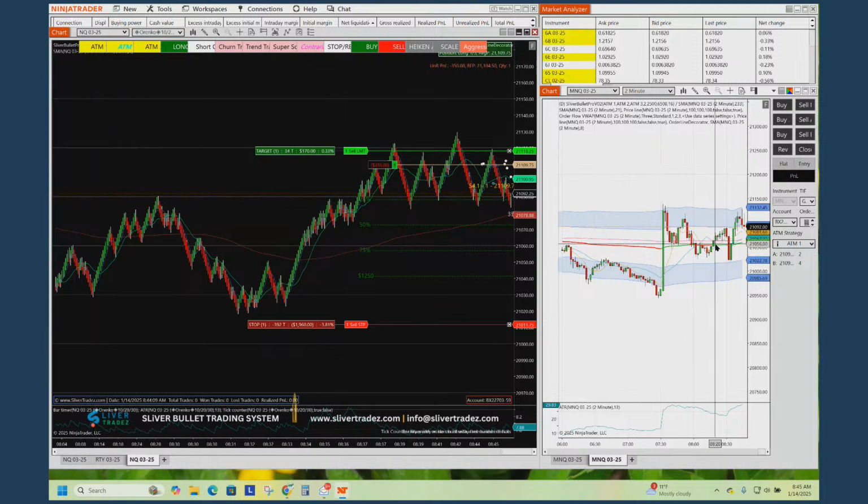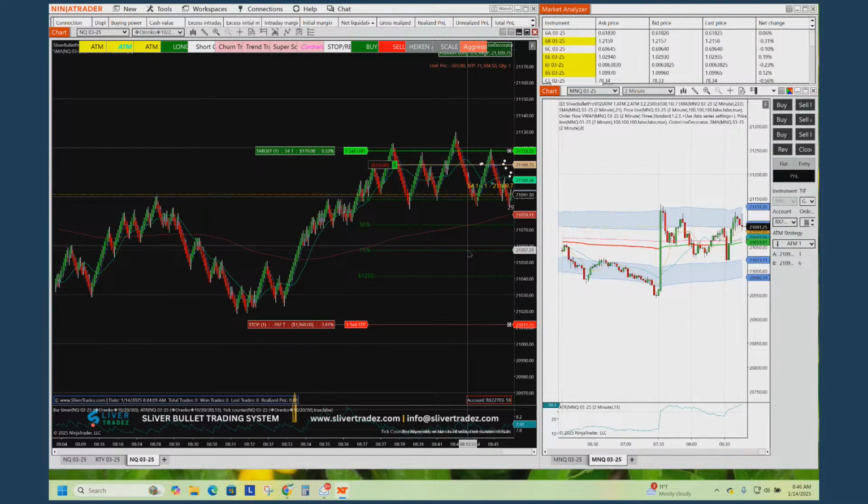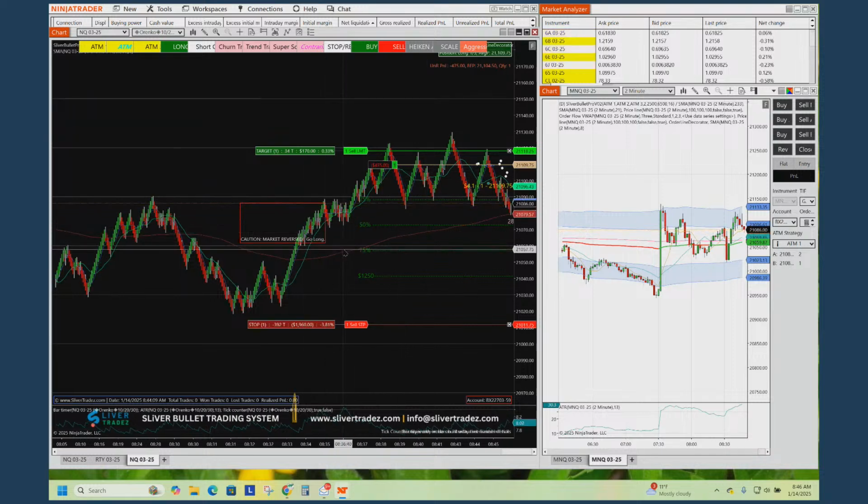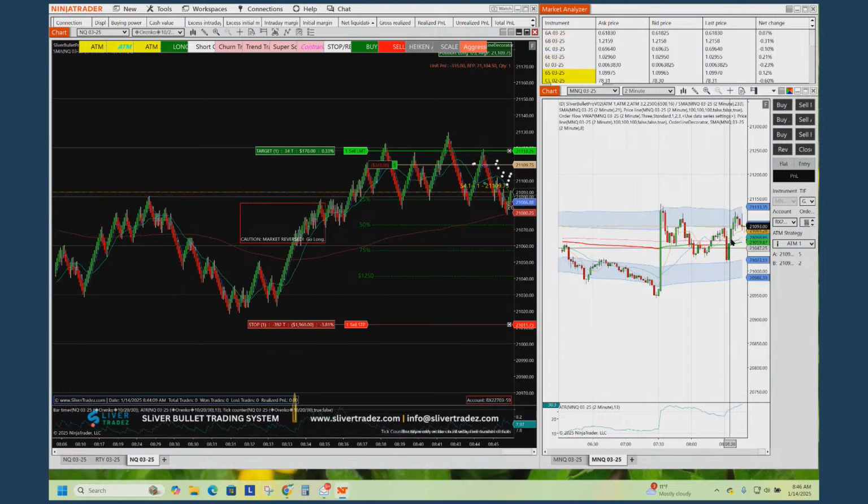When it comes closer to the 60 level, somewhere here, I'm going to scale in. Yeah, it trended nicely here, so I thought I would go live, but now again the market is ranging.